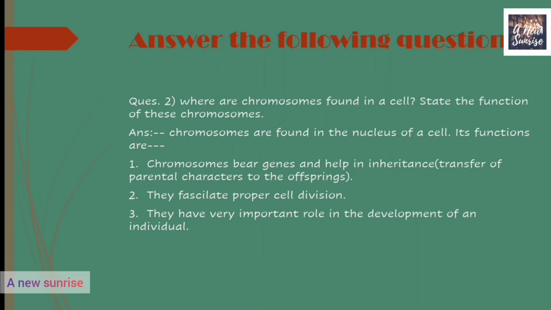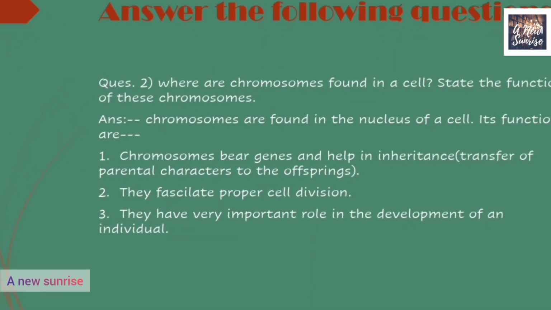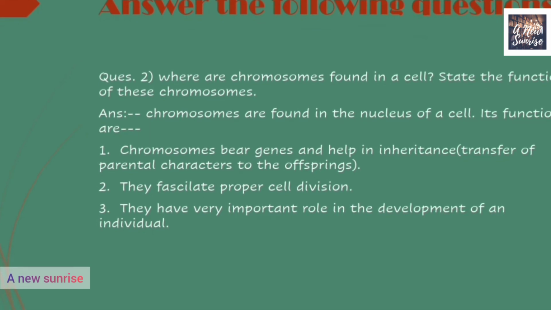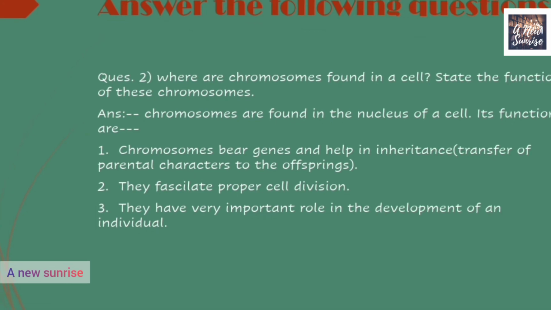Its functions are: chromosomes bear genes and help in inheritance. They help in the transfer of parental hereditary characters to their offsprings. Chromosomes facilitate proper cell division. Chromosomes have a very important role in the development of an individual. So these were the functions that a chromosome does.